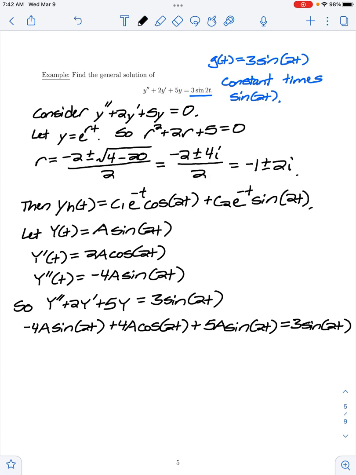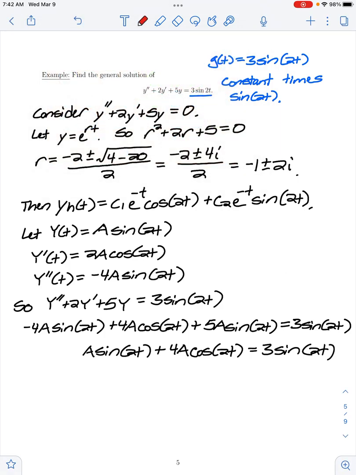So if I collect all of my sine terms on the left-hand side, I'm left with a times sine of 2t, plus, if I group my cosine terms, I have 4a cosine of 2t, and I need this to equal 3 sine of 2t.